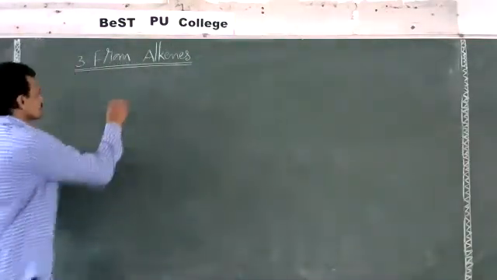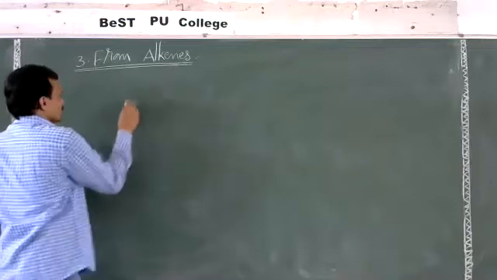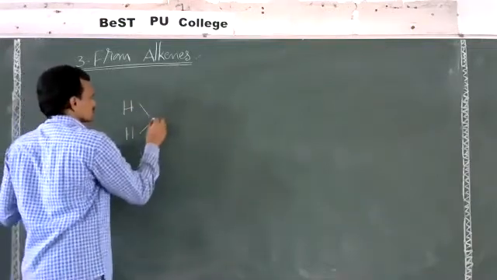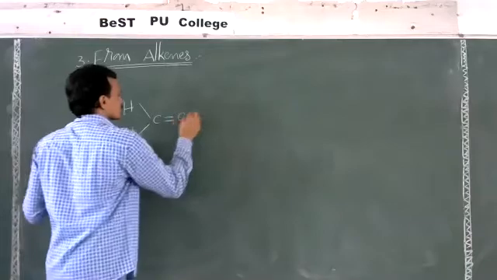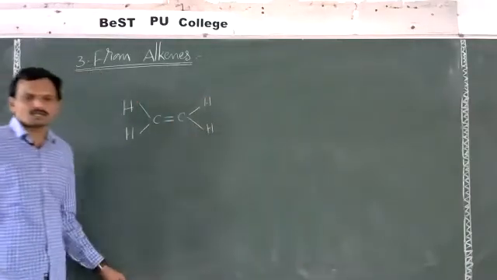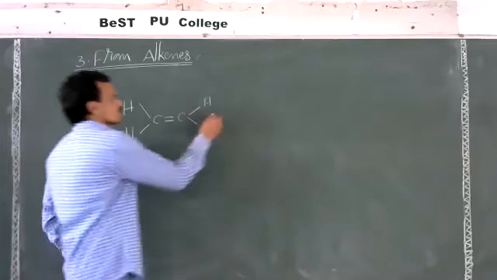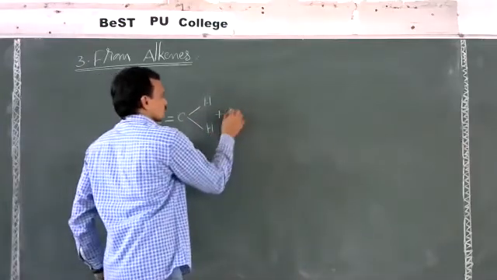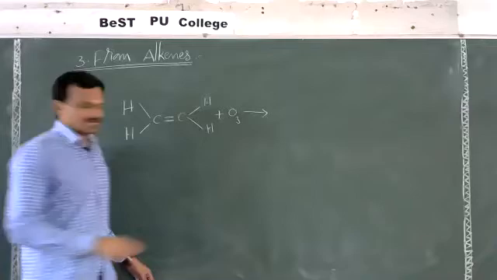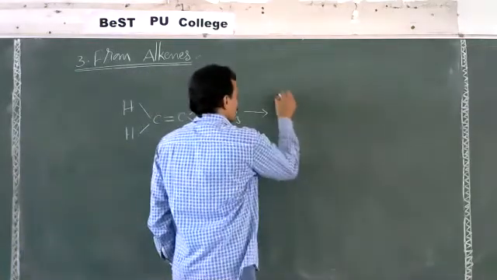If you take an alkene, this is the simplest alkene, ethylene. Addition of ozone, O3, to the alkene gives an ozonide.